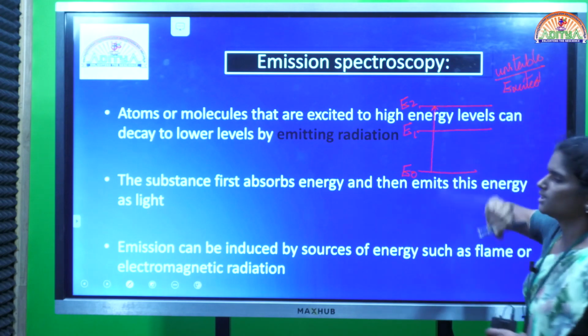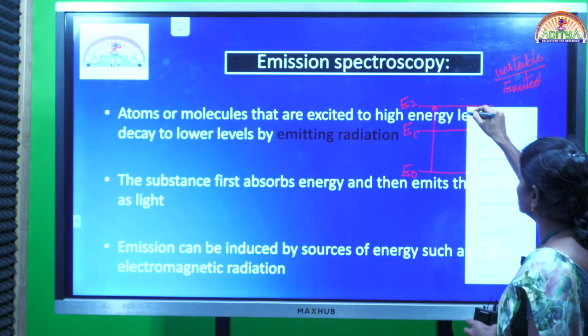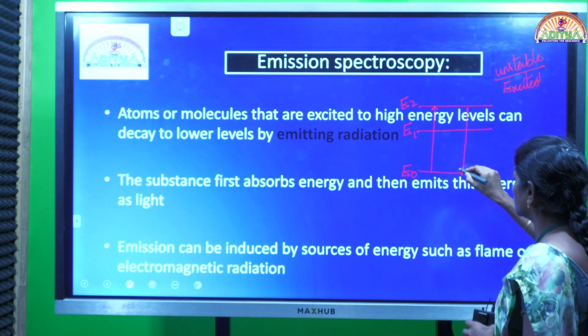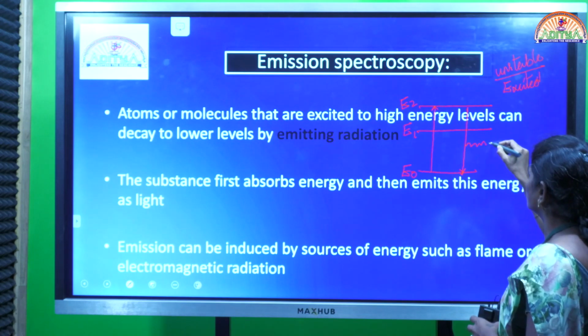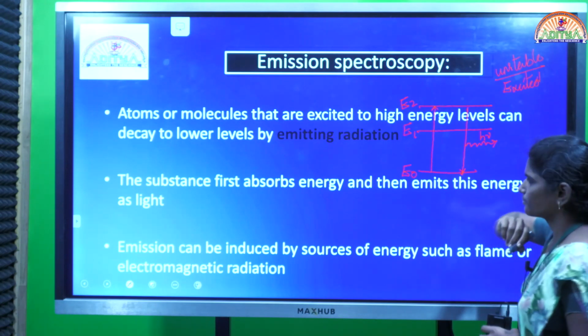Because it is unstable, the electron comes back to the ground state, and during this process it is able to emit radiation.